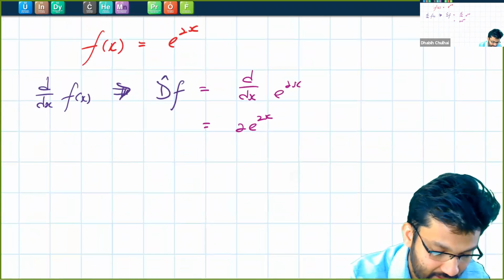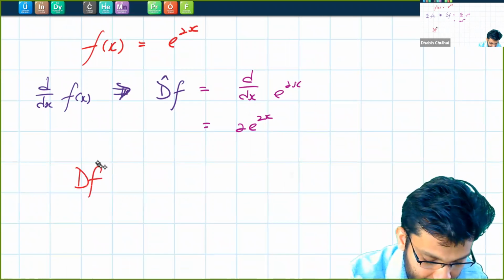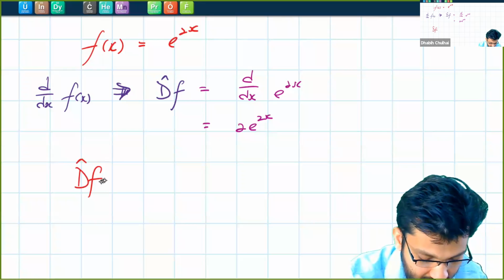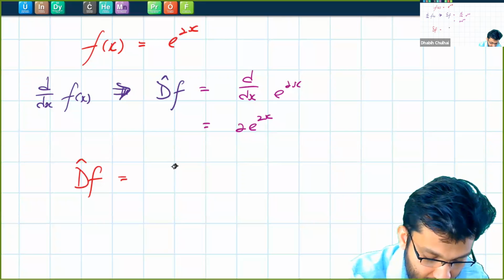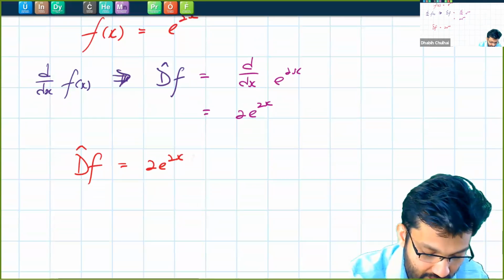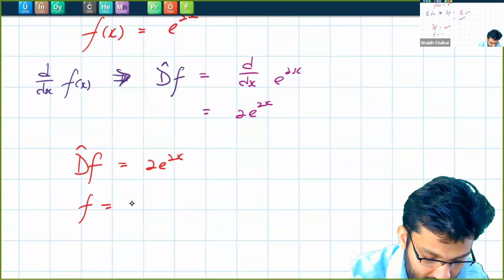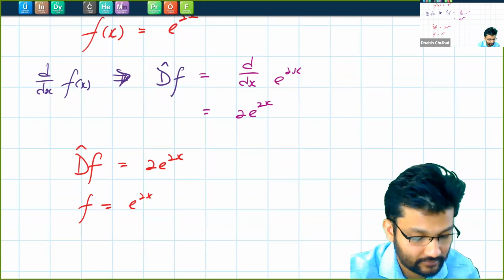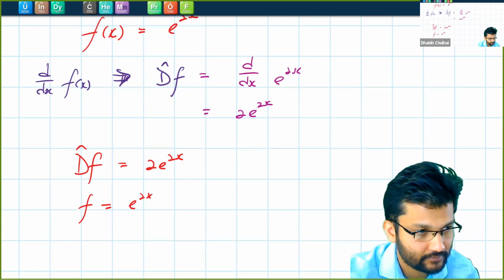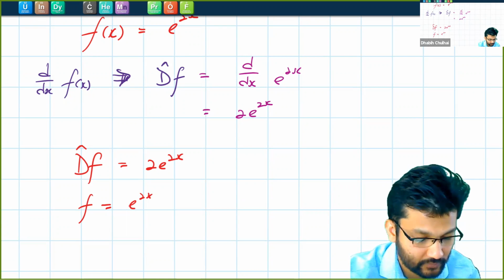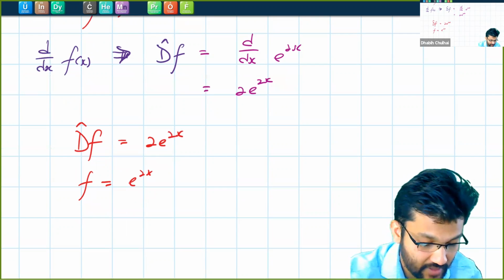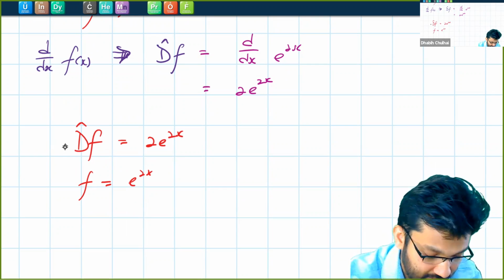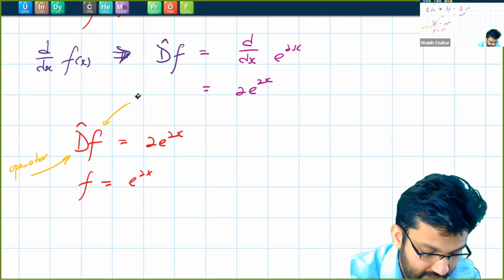But let's look at this in a little bit more detail. So we have D of f, right? The operator on f is equal to 2e to the 2x, right? And we know that f is equal to e to the 2x. For this example that I just gave you, D here is the operator, f is the function.